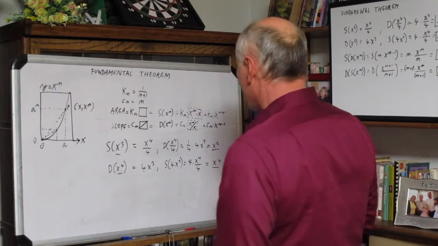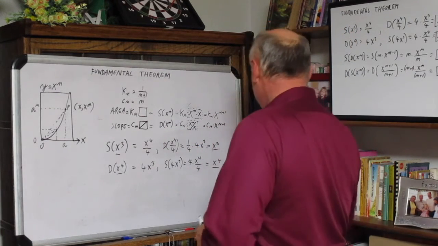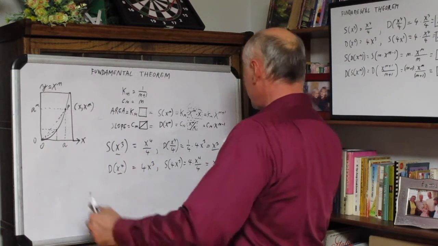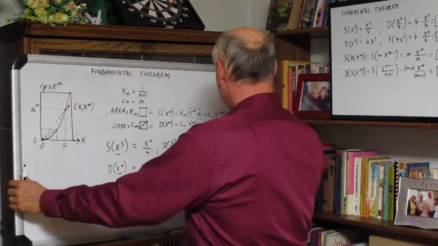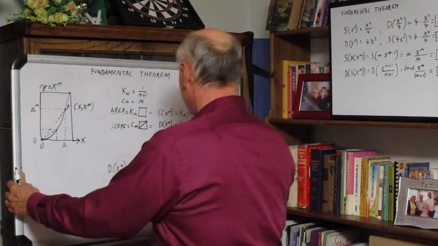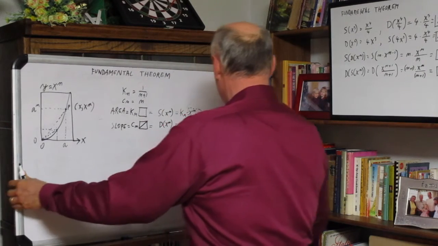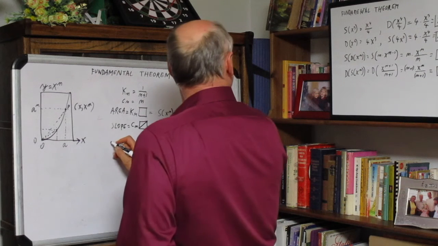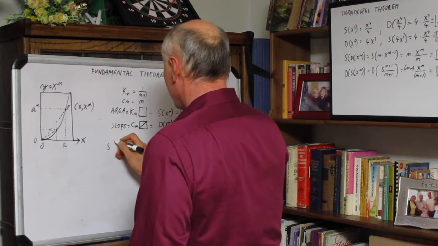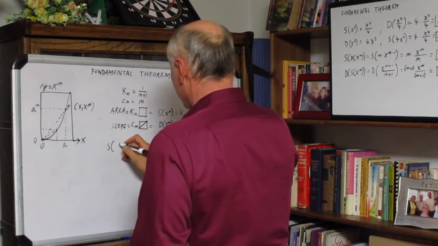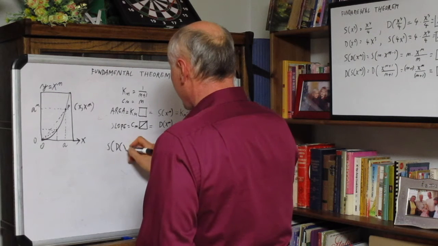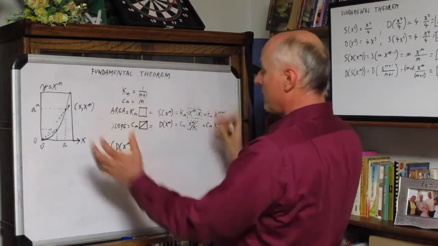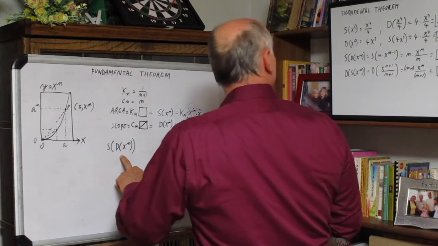And we can actually prove that it's not just for x to the 3rd or 4th. Let's prove it for x to the n. All right, let's do it. So if we say S of the d of x to the n, what is that?